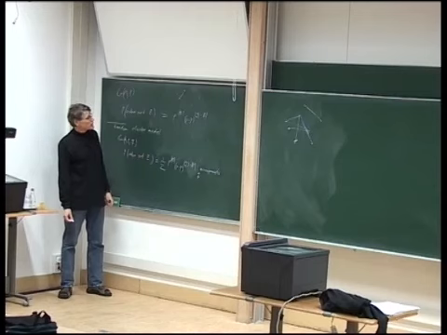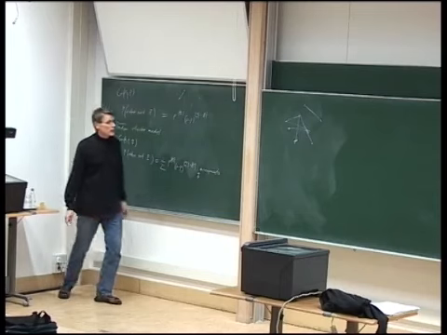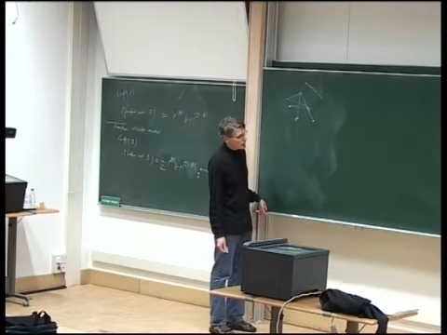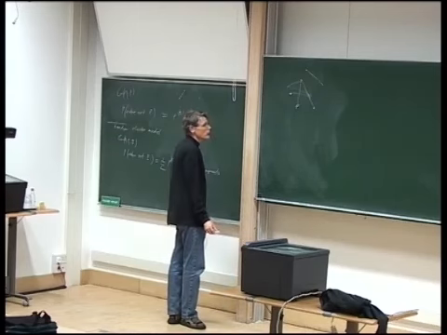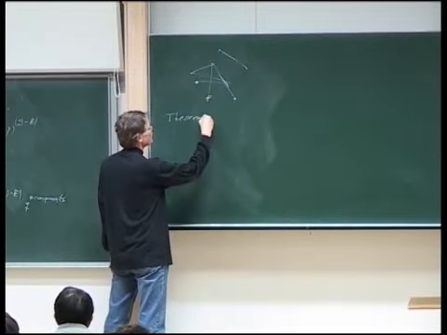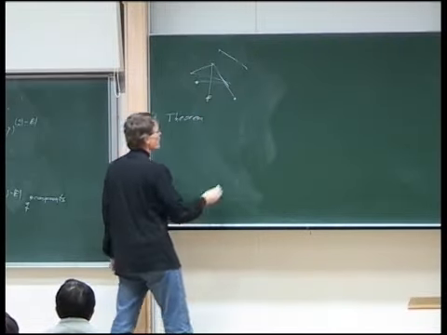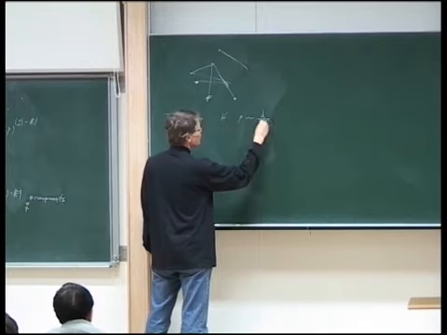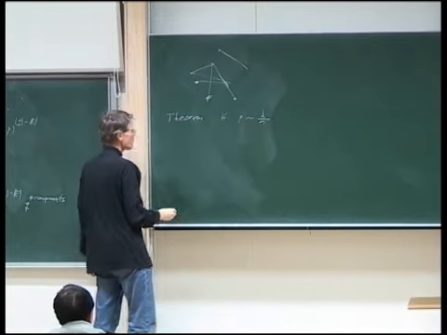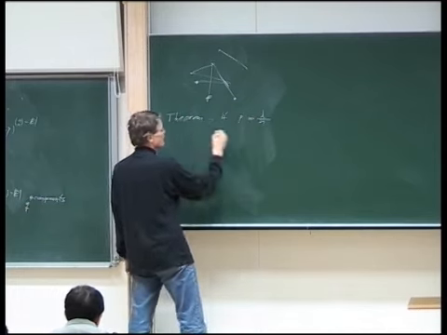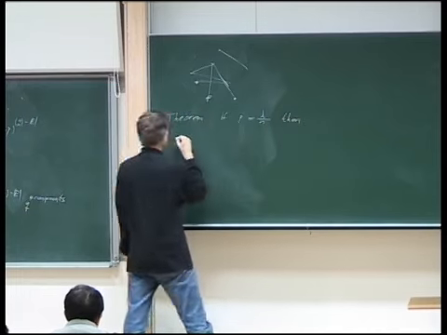And of course this is monotone in p. If you increase p, that means that you get more edges, so therefore the graph will be more connected. And it turns out that the right range here is when p is like a constant over n. So we have a basic theorem which goes back to Erdős and Rényi. If p is like a constant, which today I'll call lambda over n, then we have two cases.